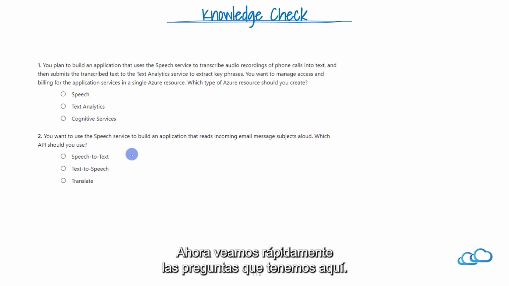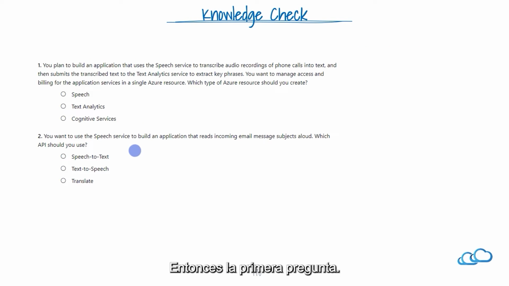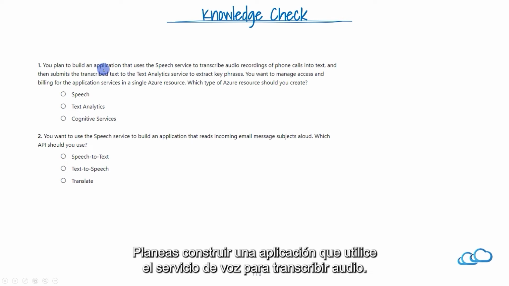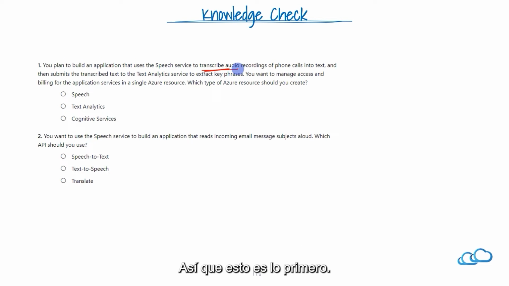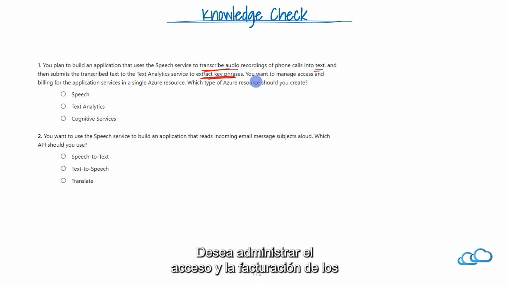Now let's quickly look at the questions we have here. So the very first question, and this is provided by Microsoft: you plan to build an application that uses the speech service to transcribe audio, the recording of a phone call, to text, and then submits the transcribed text to the text analytics service to extract key phrases. You want to manage access and billing for the application services in a single Azure resource.